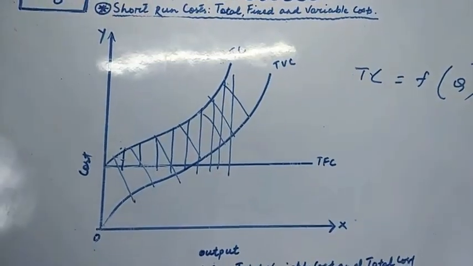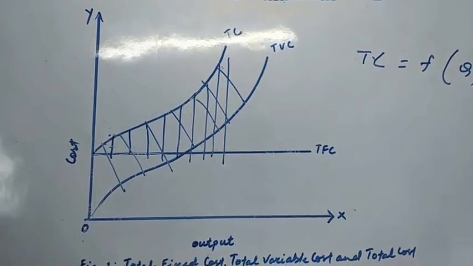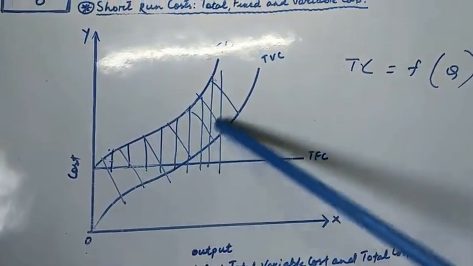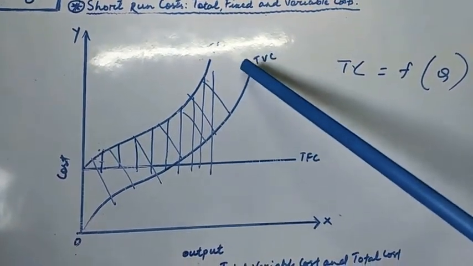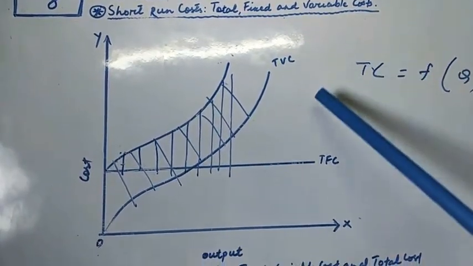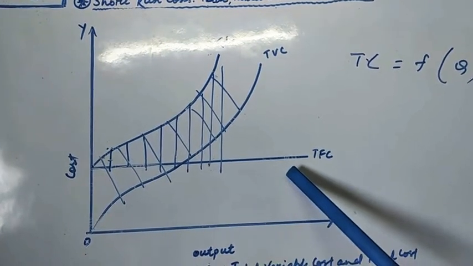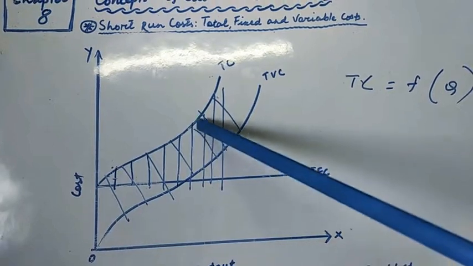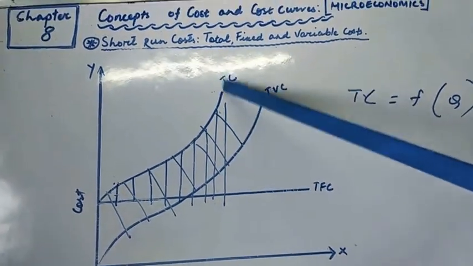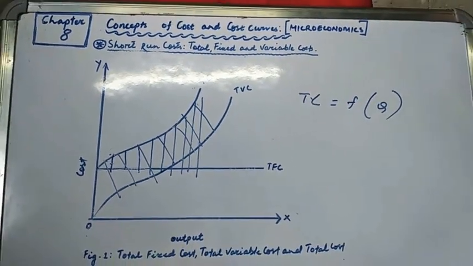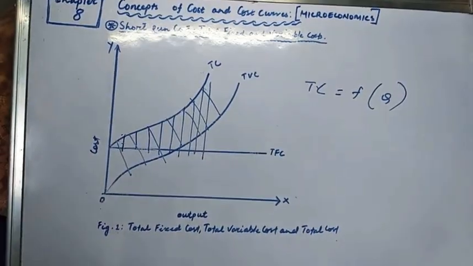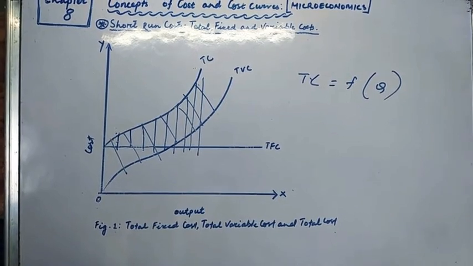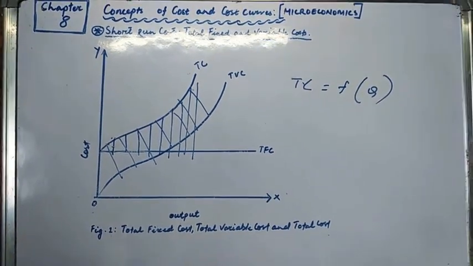That is why the shape of the TC curve is exactly the same as that of the total variable cost, because the same constant vertical distance always separates the two curves. So that is the concept of short run cost, total fixed cost, and total variable cost.